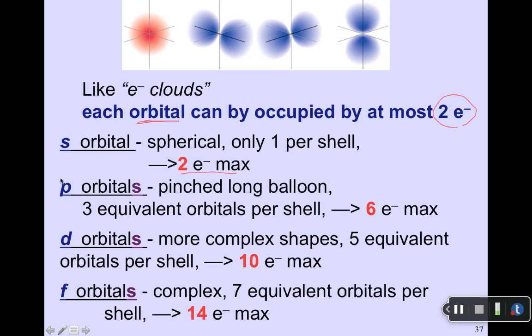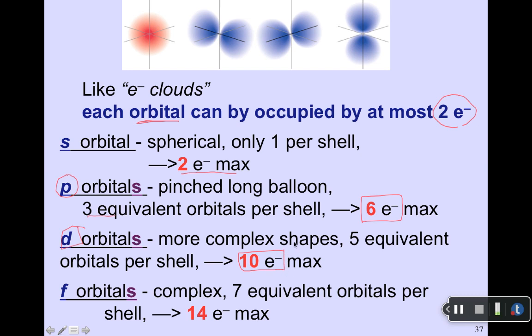The p orbitals are going to be in sets of 3 equivalent orbitals. If they each have 2, that gives you a total of 6 electrons maximum for the p orbitals. The d orbitals come in sets of 5, and the 5 orbitals are equivalent in energy. With 2 each, that gives you a maximum of 10 electrons.